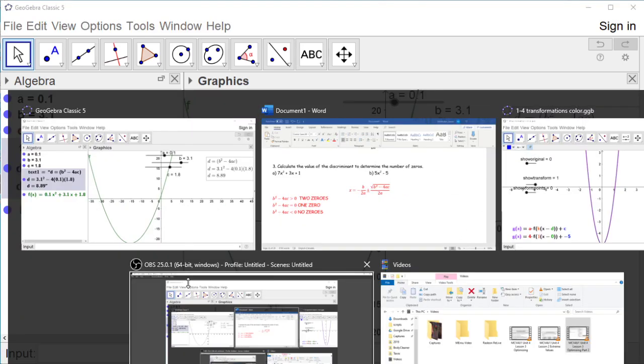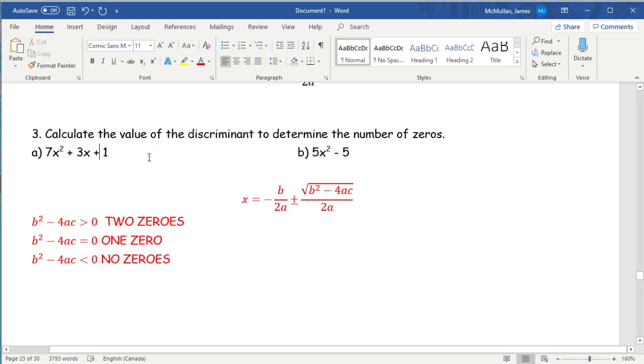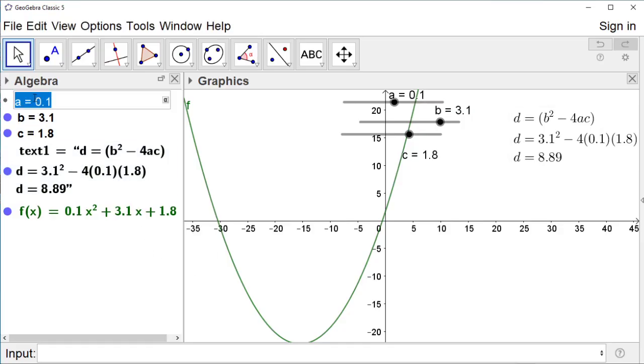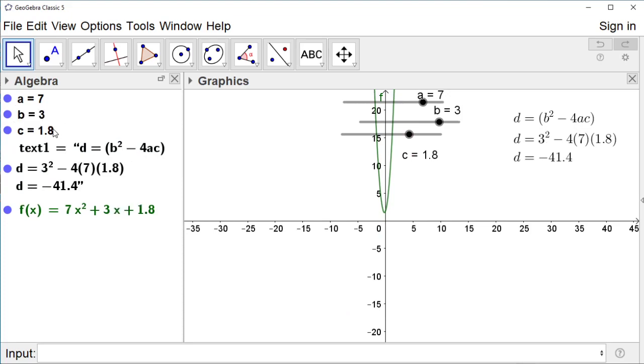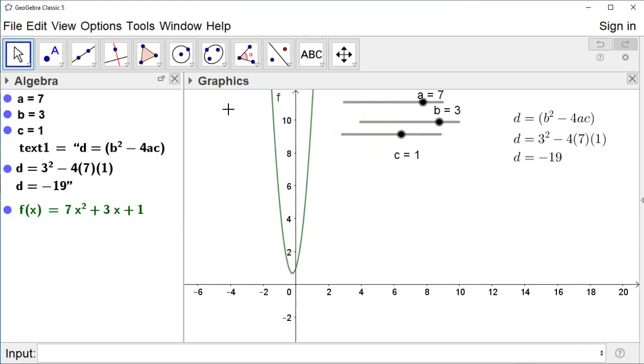Now, for our case, we were supposed to do 7, 3, and 1. So let's make a 7, b is 3, and c is 1. Looking at this equation, if you just graph the parabola, you can see that it opens up, its vertex is positive, it has no x-intercepts.